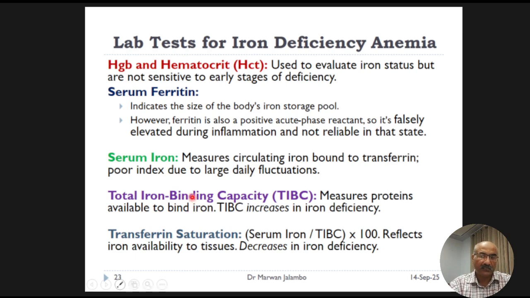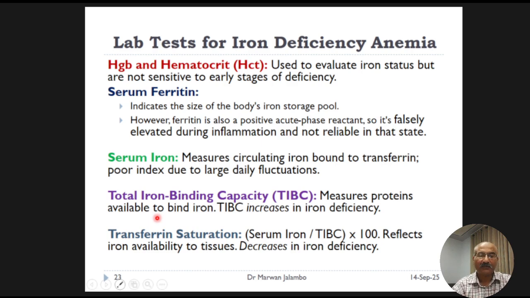In iron deficiency, the body produces more transferrin to try to capture more iron, so total iron binding capacity increases. Finally, the transferrin saturation, which is the percentage of transferrin that is saturated with iron, decreases in iron deficiency.